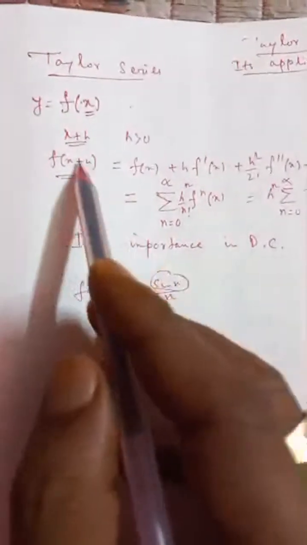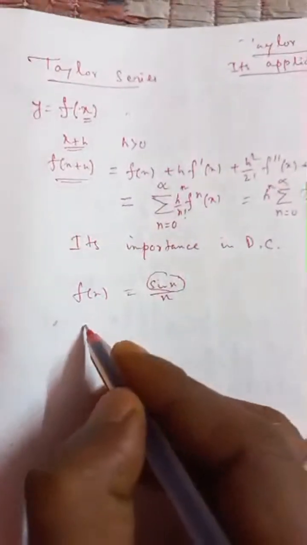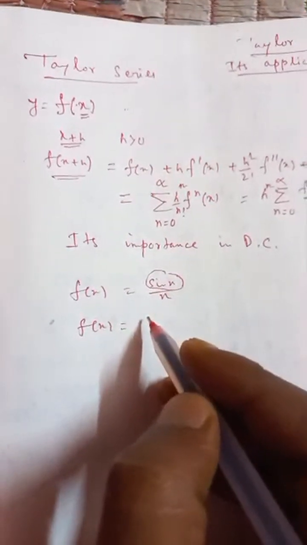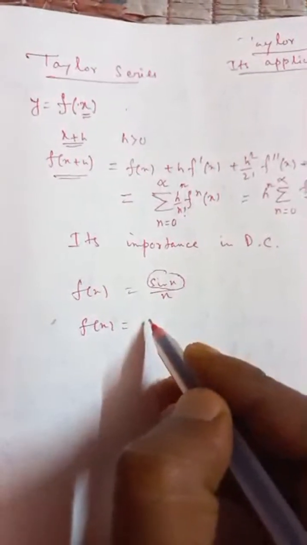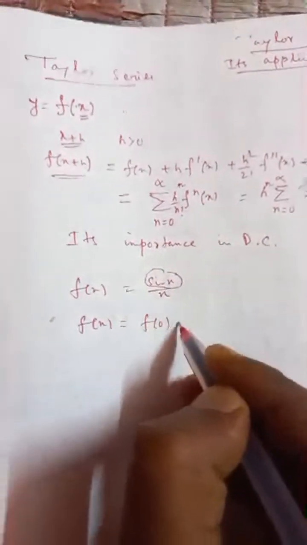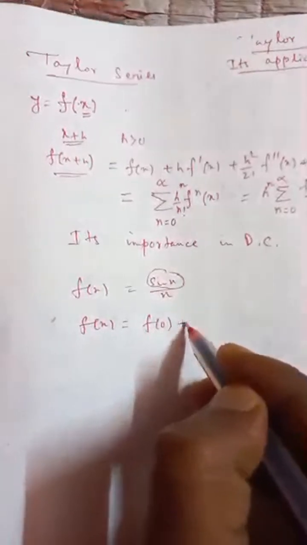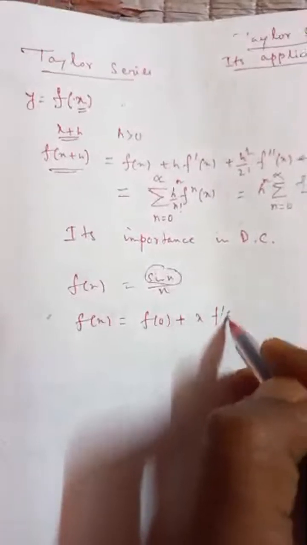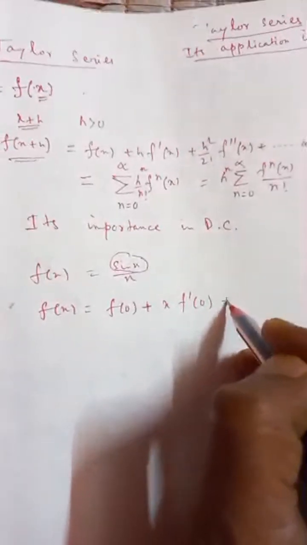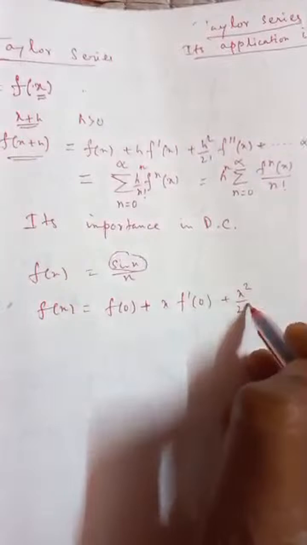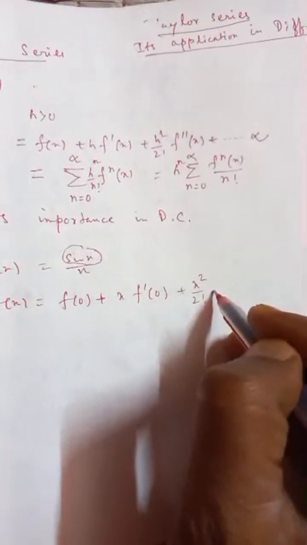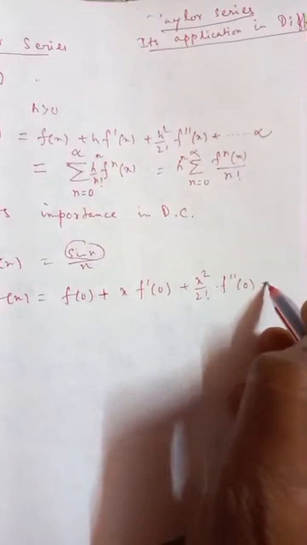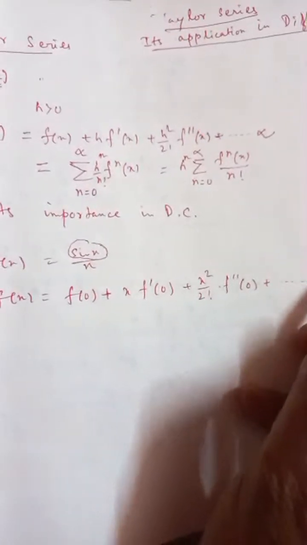So this series can be written as f(x) equal to f(0) plus x times the first derivative at the point 0, plus x squared by 2 factorial times the second derivative at the point 0, plus and so on up to infinity.